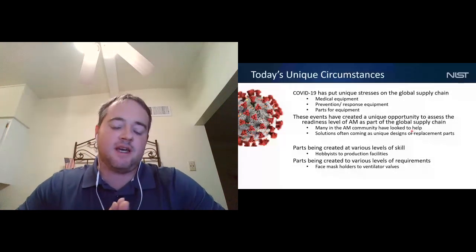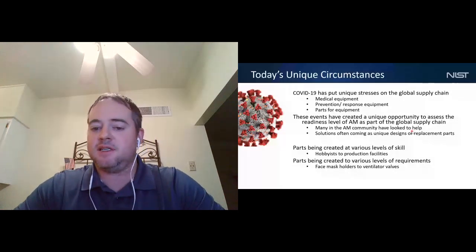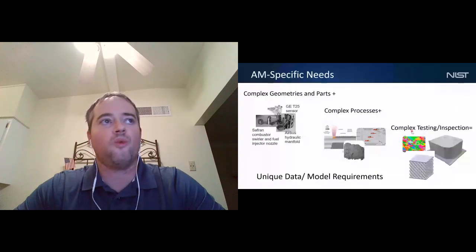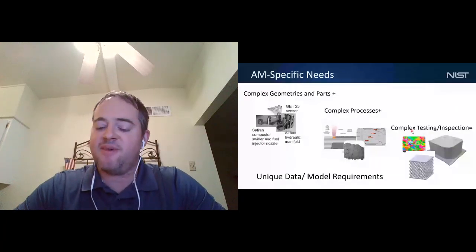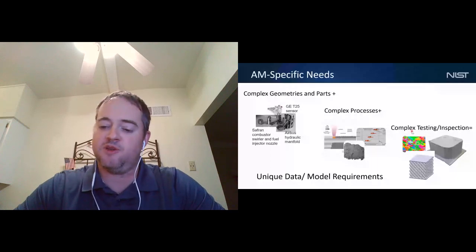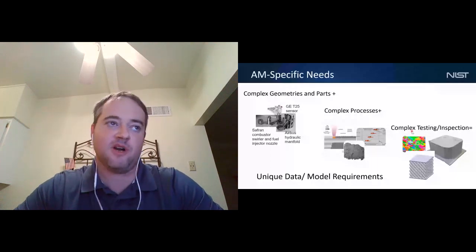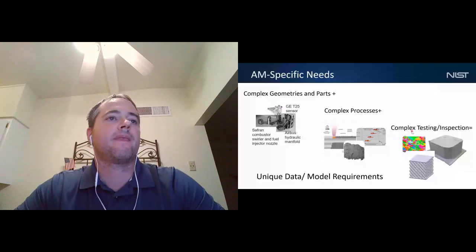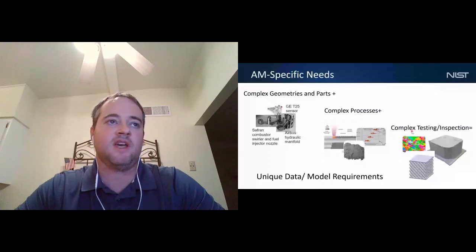So one of the things that I'll be talking about for the rest of this talk is, what are the consequences of doing it with additive manufacturing as opposed to a traditional manufacturing process, an injection molding process, a machining process, or a stamping process. And so we've heard a lot about this, the complex geometries, these unique shapes that we can create.